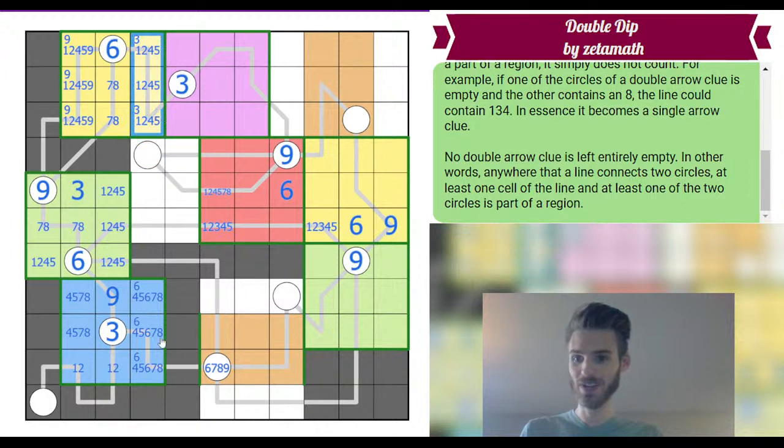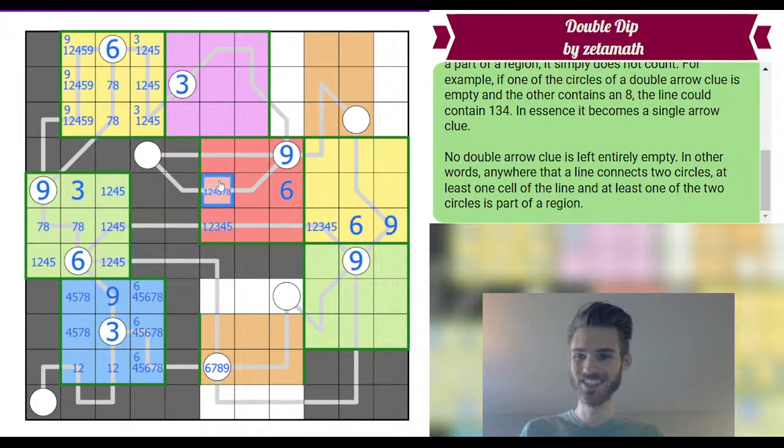4 or 5 virtual pair on no digit. Okay, so that also means this is not 3, 6, so there is a 3 in here, so that's not a 3. Oh wait, and there's definitely 7 and 8 in here.